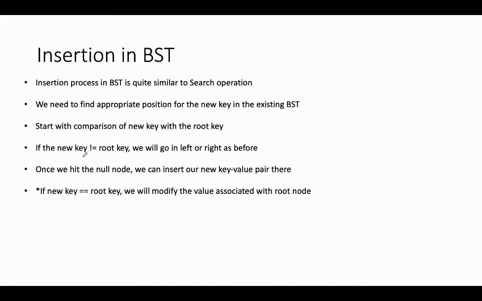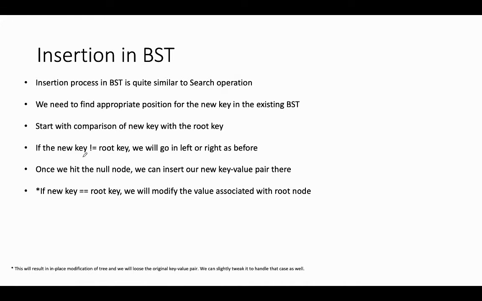And there is one special case: if the new key that we want to insert is equal to some root key, then we are modifying the value associated with the root node. So this is an in-place modification of the binary search tree, and we will lose the original key value pair if we insert in this way.